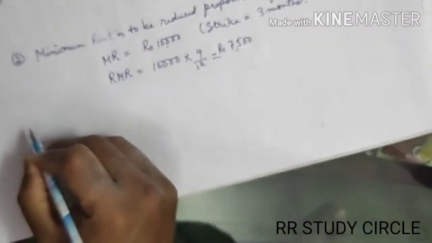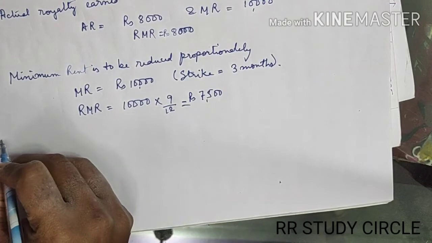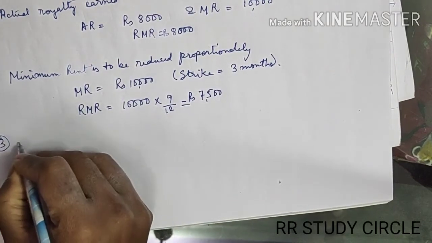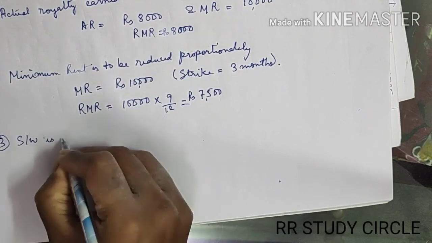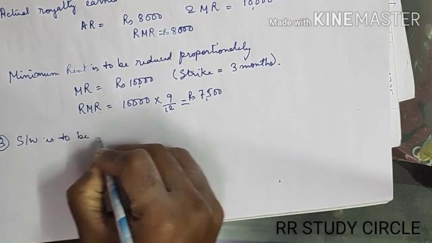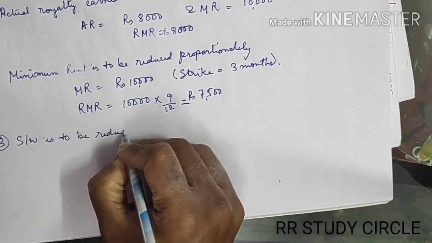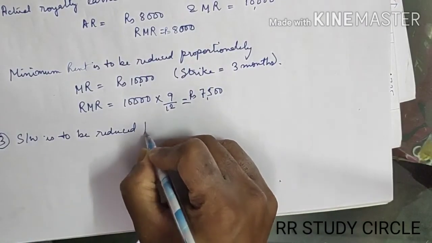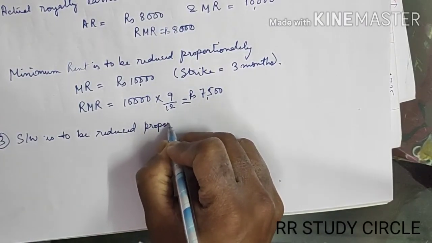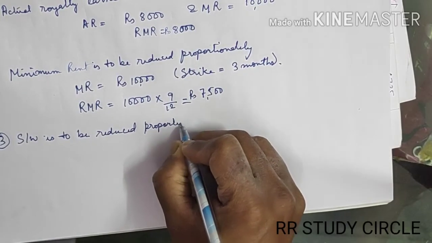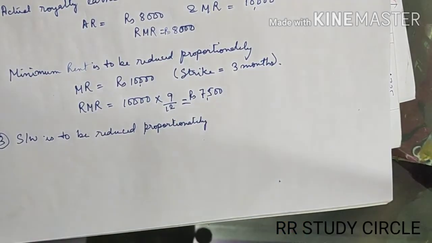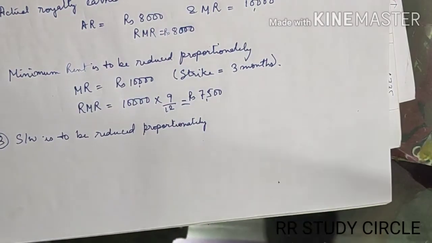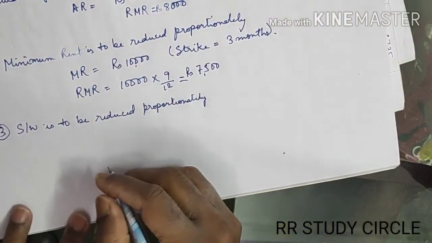Now come to the third point: short working is to be reduced proportionately. What does it mean? Again, let me take the example.